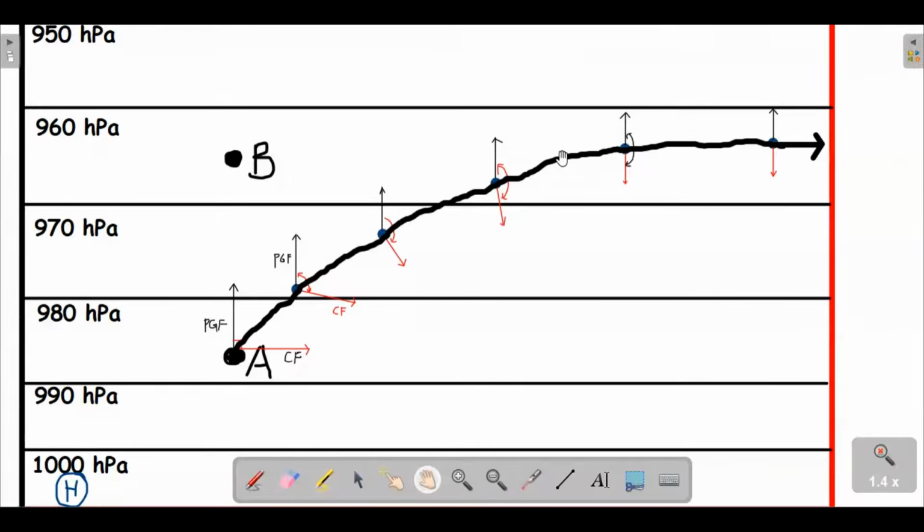It cuts these isobars. The resulting wind cuts these isobars, and eventually, if you take a look at the end result here, it is moving parallel to the isobars. A wind that is parallel to the isobars, we call that the geostrophic wind.